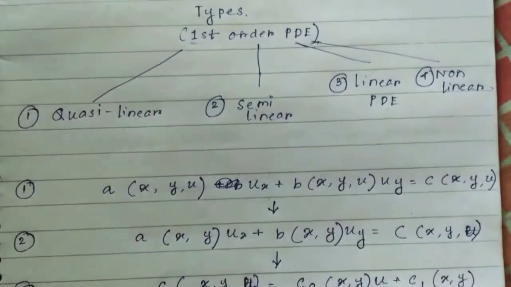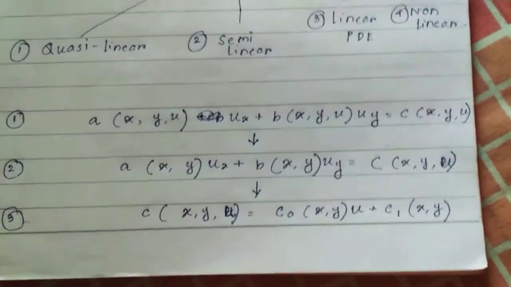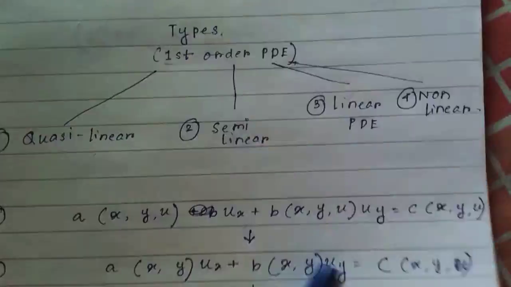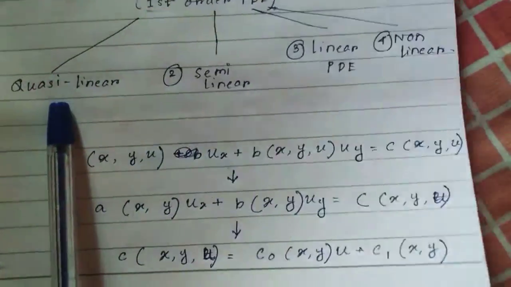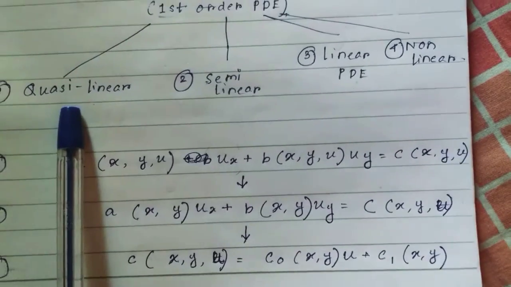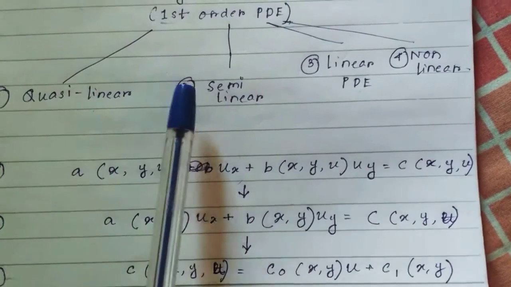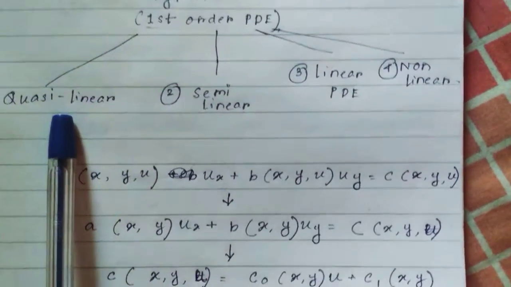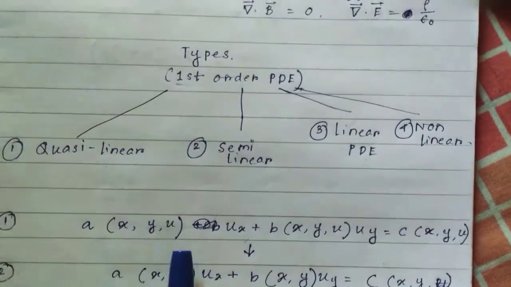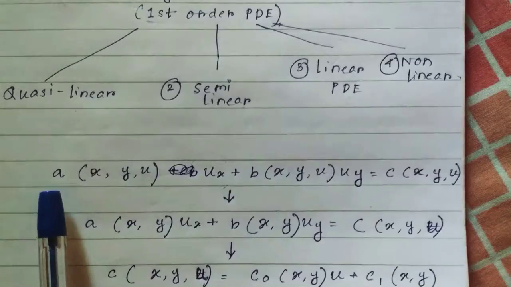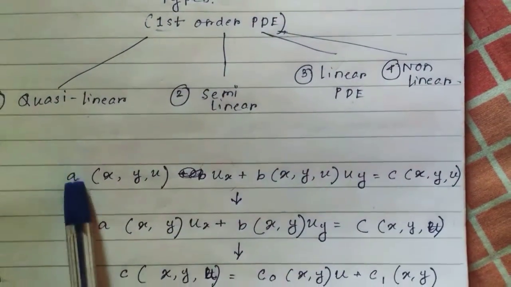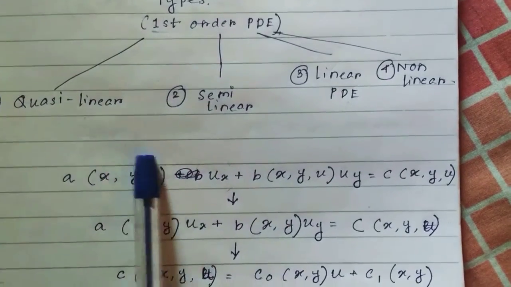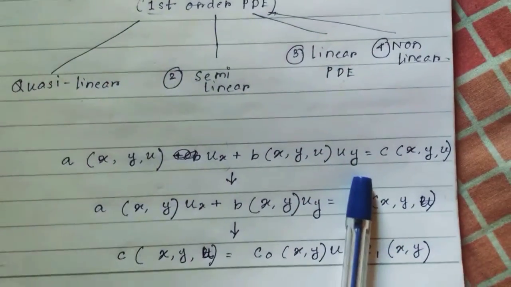Okay, so I am repeating again, this is a very important thing. Mostly we will discuss this quasi-linear PDE, and obviously semi-linear and linear are all special cases of this quasi-linear PDE. By quasi-linear PDE we mean this partial differential equation with the coefficients of ux and uy.